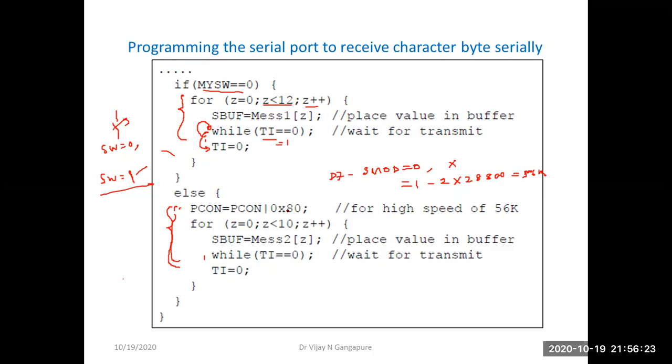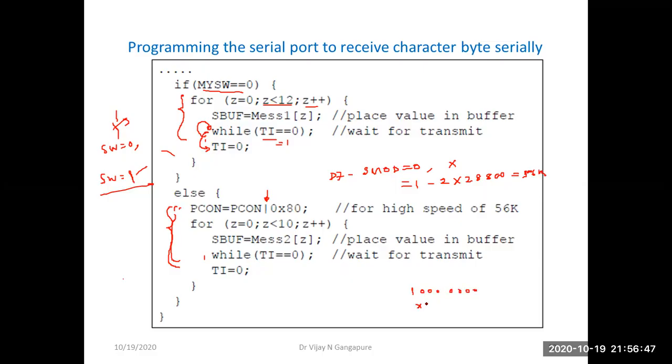Now here, what we are doing is ORing the present PCON content with 0x80, not ANDing; this is the bitwise OR operator. So we are ORing the content of PCON with 10000000.